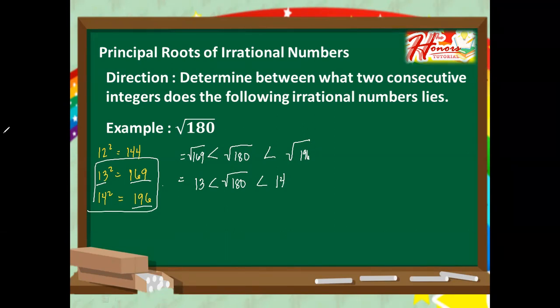So therefore, for our final answer, we can say that square root of 180 lies between 13 and 14. So that is how we get principal roots of irrational numbers.